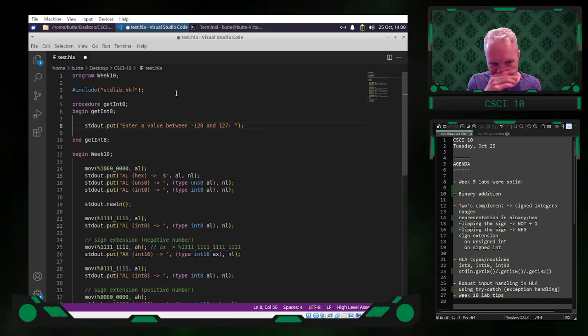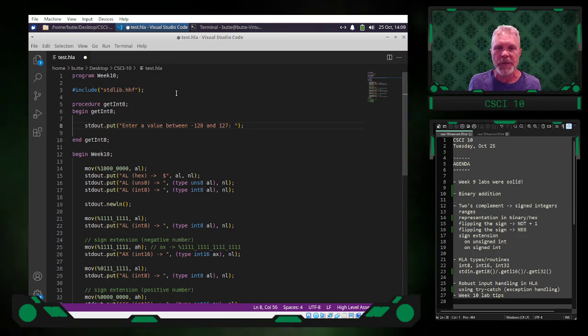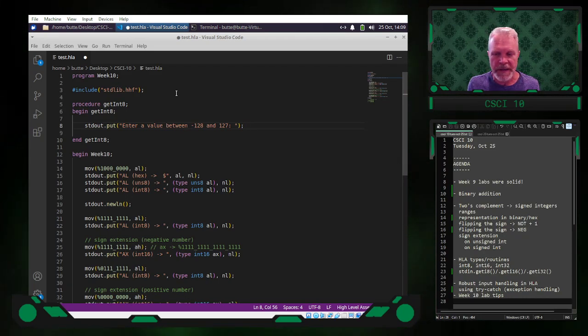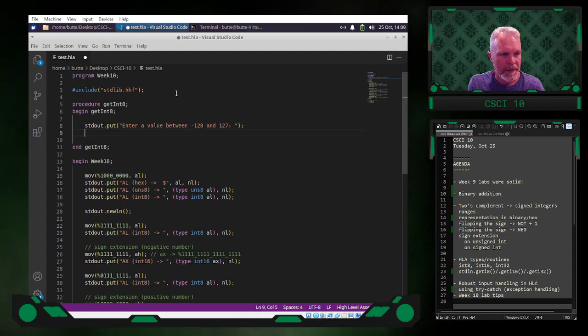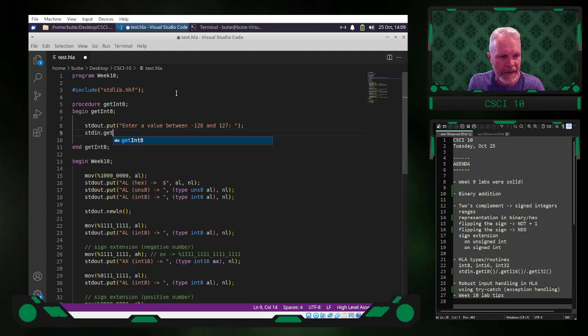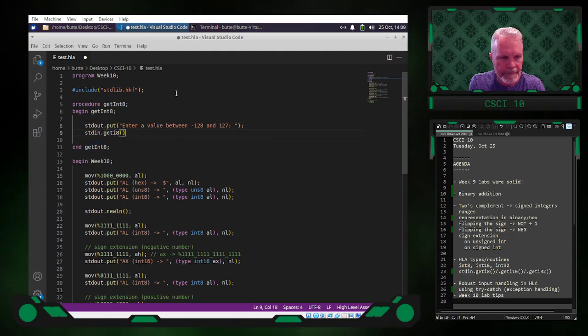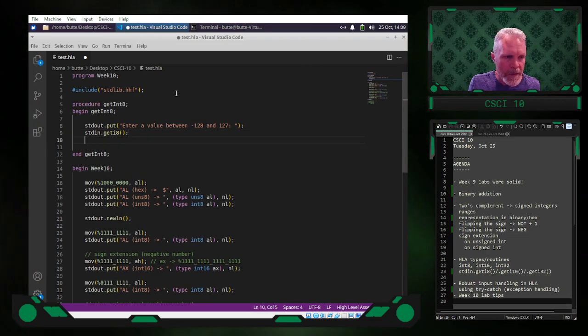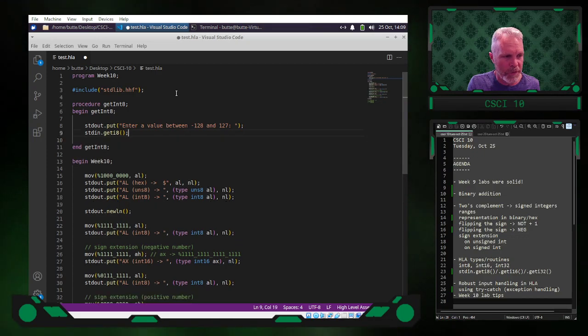I know that because that's the possible range for 8-bit signed integers in two's complement. And then I'm going to do a standard in.get I8. And that's pretty much the whole routine.